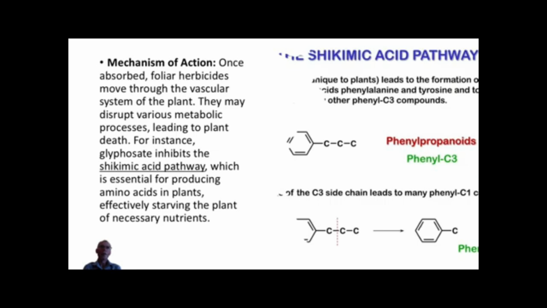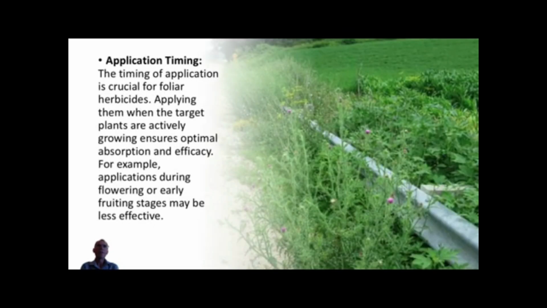They may disrupt various metabolic processes, leading to plant death. For instance, glyphosate inhibits the shikimic acid pathway, which is essential for producing amino acids in plants, effectively starving the plant of necessary nutrients.